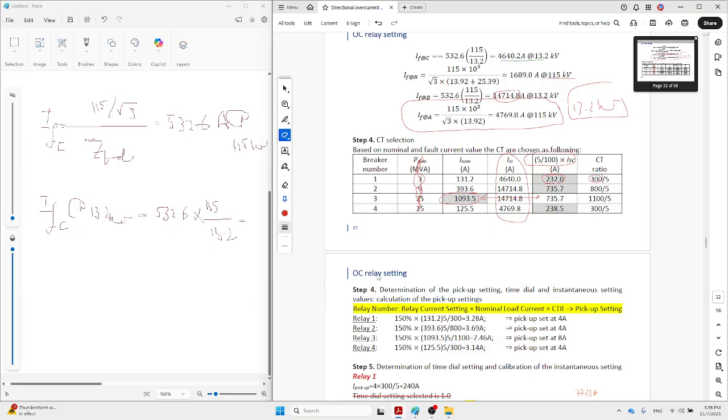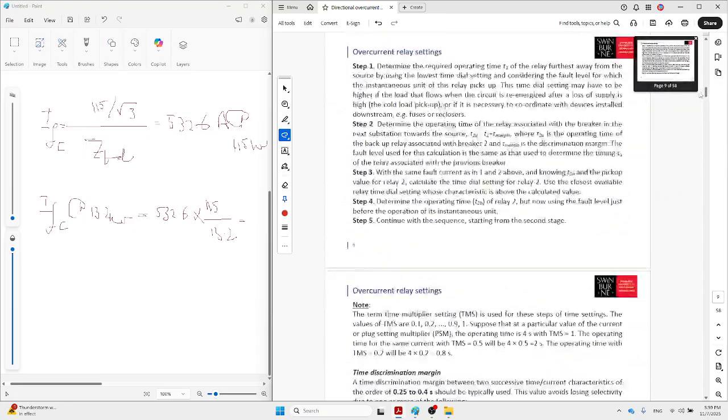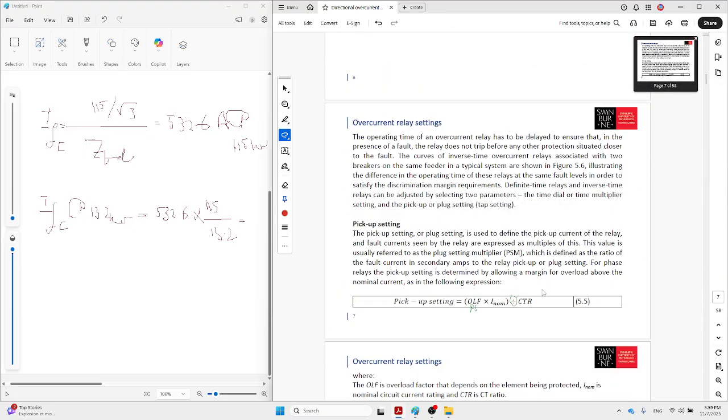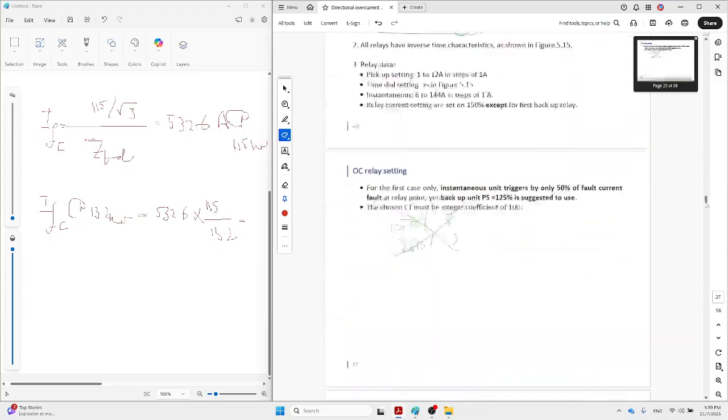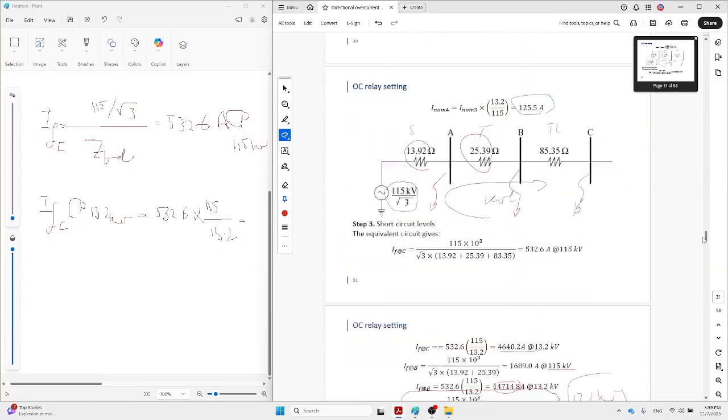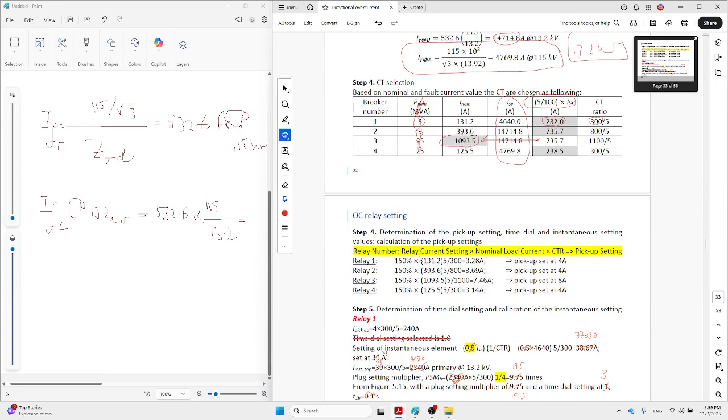Okay. What should we do? Following this formula, we are going to find out the values for the nominal current and then the pickup. For all of them, based on the question, the overload factor is considered as 150.